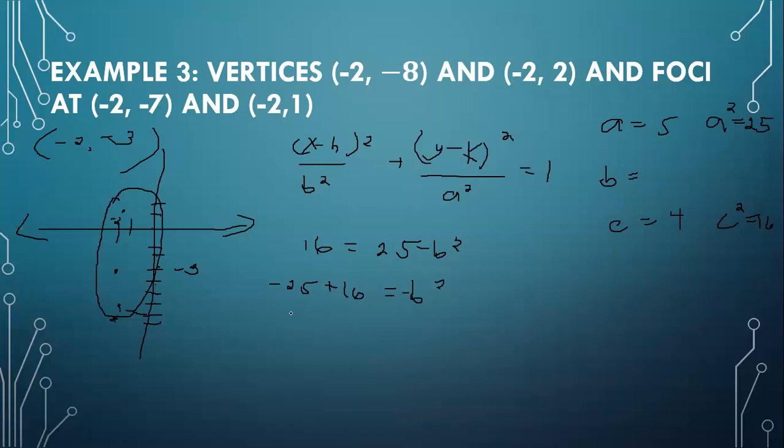Negative 25 plus 16, we have negative 9, equals negative b squared. Multiply by negative 1, so we have 9. b squared is 9. And then our b is 3. So we have our co-vertices.